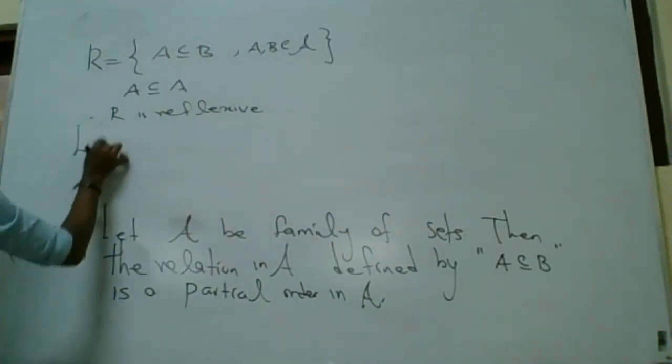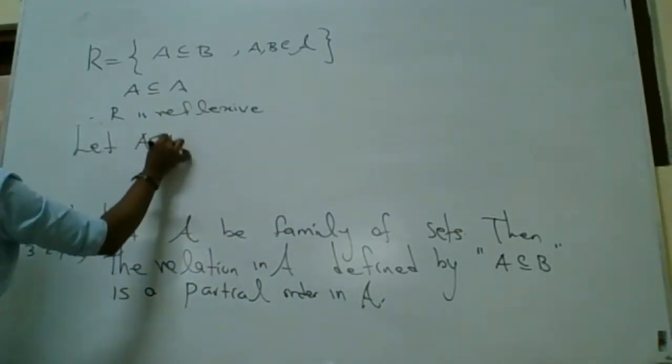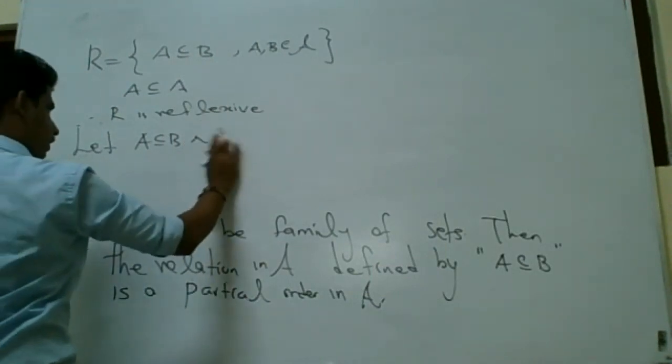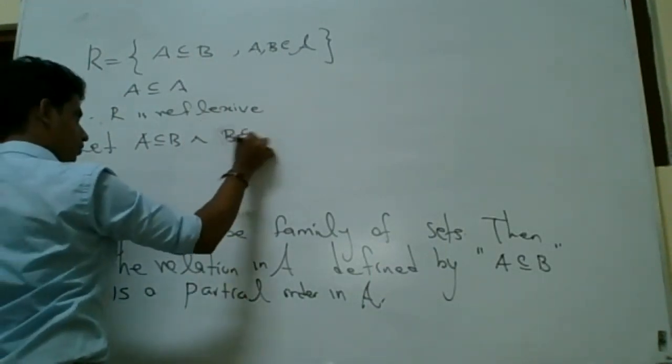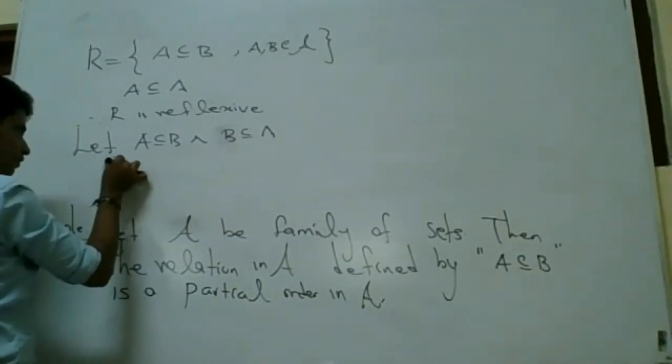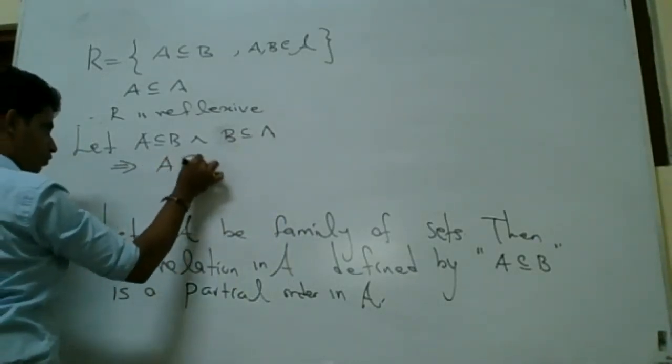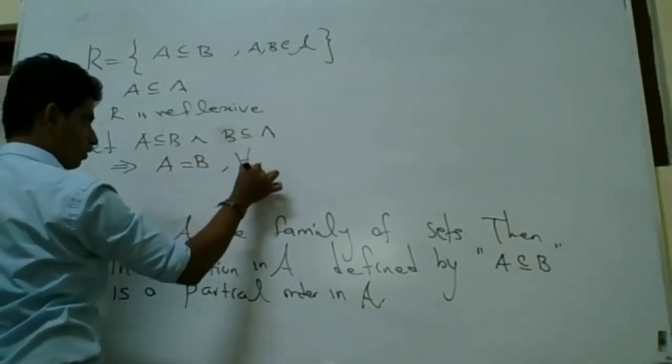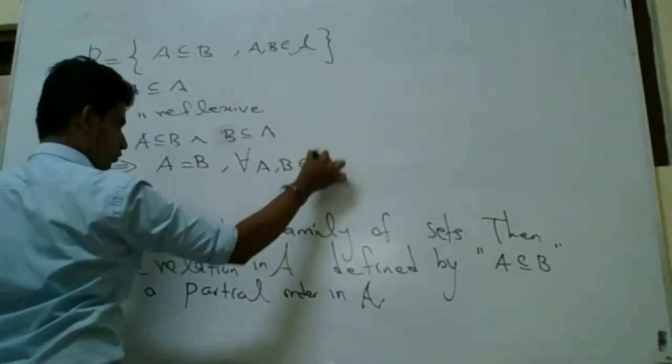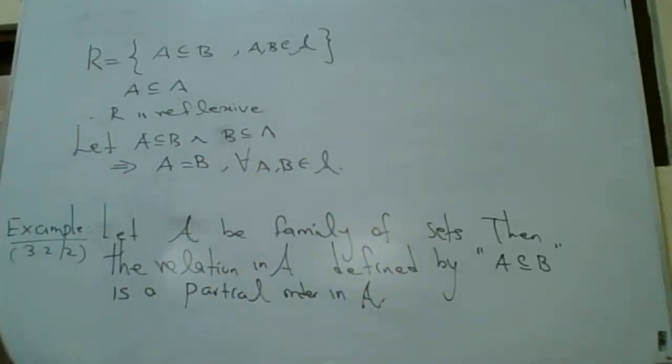Let A subset of B and B subset of A. This implies, by set theory, A equals B, for all A, B belonging to this A.